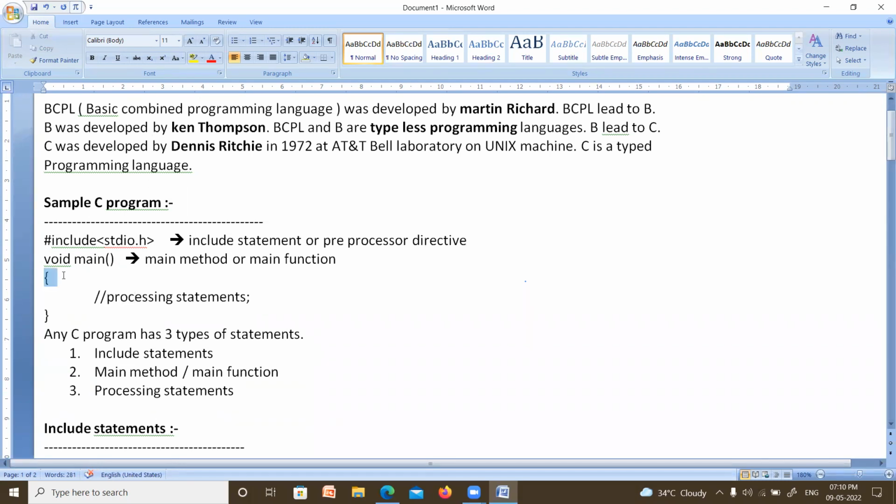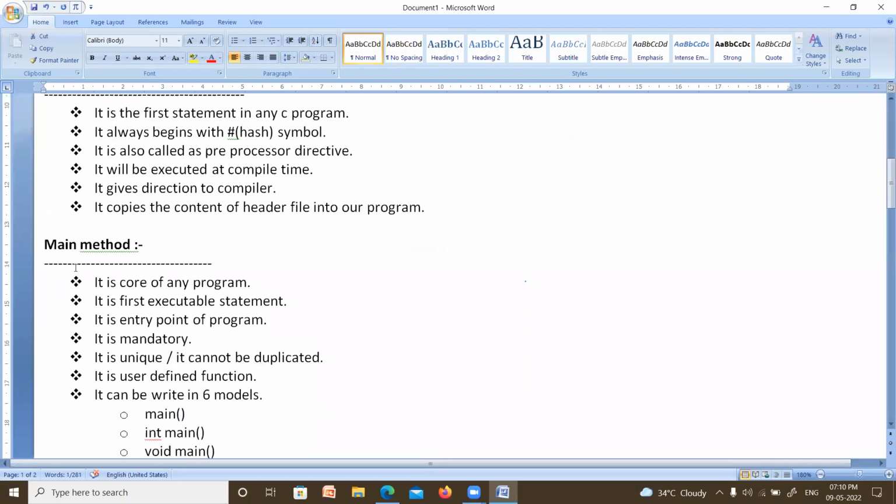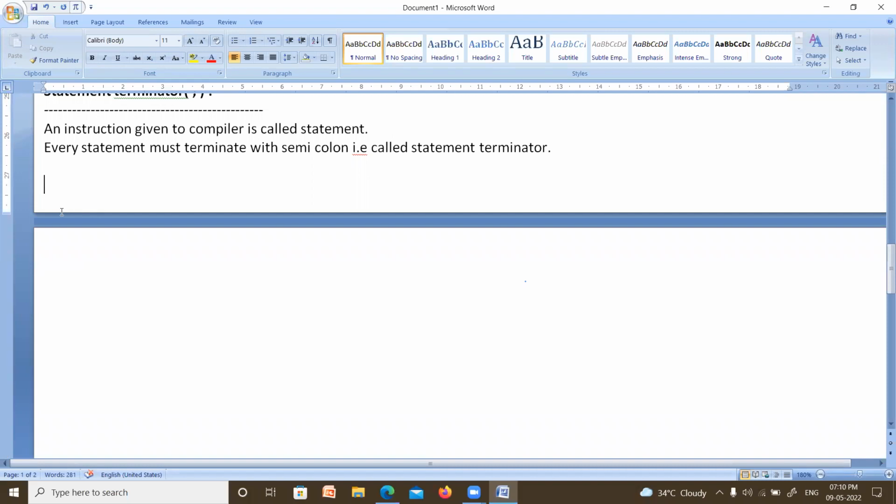So one is used to indicate the beginning, the other to indicate the ending. The names of these: the first, the open curly bracket, is called the open delimiter. It is used to indicate the beginning of a function or block.